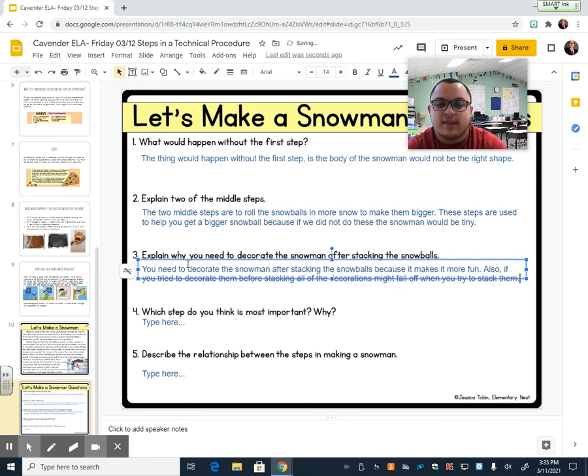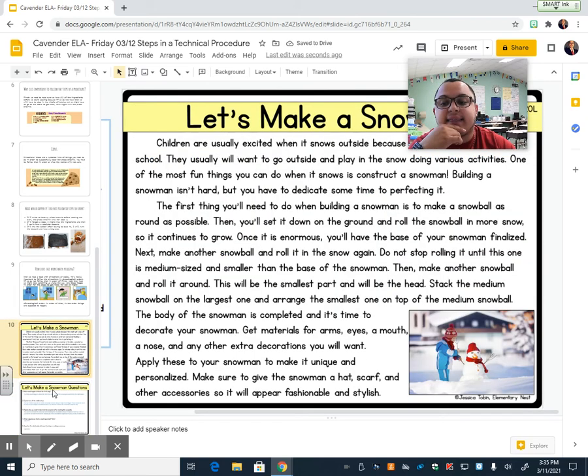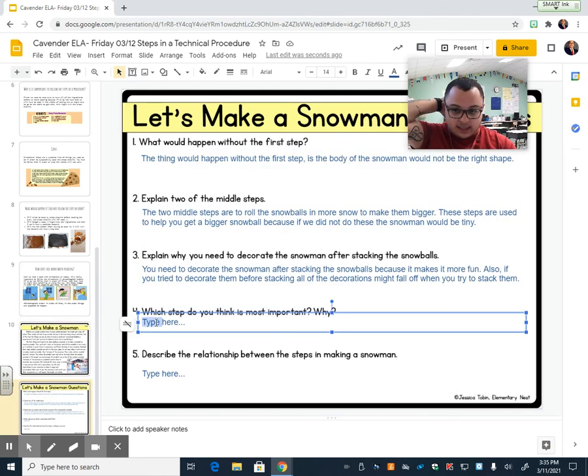All right. The next question says, what step do you think is the most important? I think the most important step, me personally, you might have a different one. This is all opinion. But the most important step, in my opinion, is making the base the biggest snowball.